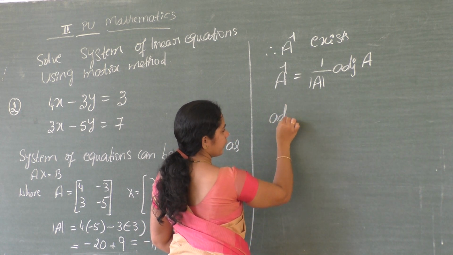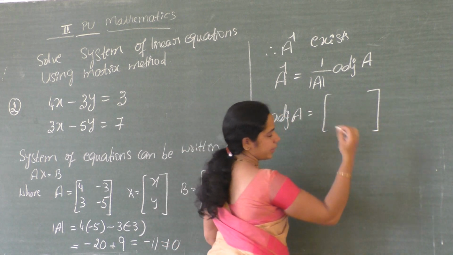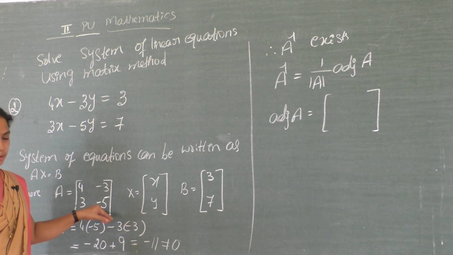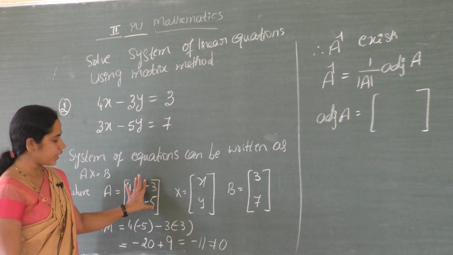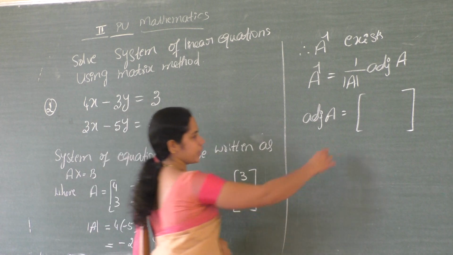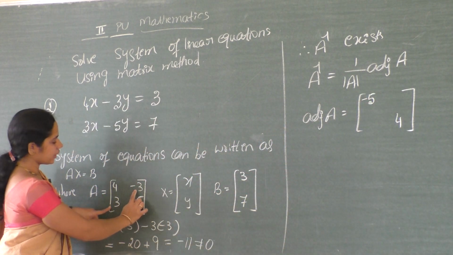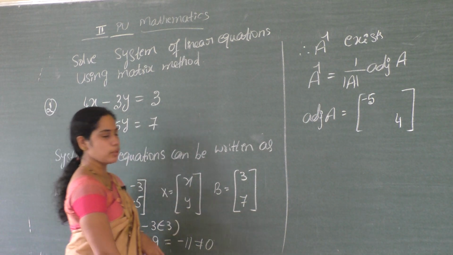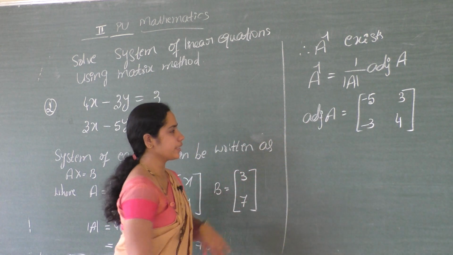We need to find adjoint of A. Similarly, it is a 2 cross 2 matrix, so adjoint of A we can write directly: reverse the diagonal elements, -5, 4, and for the non-diagonal elements we change the sign, -3 becomes +3, and here it is -3.